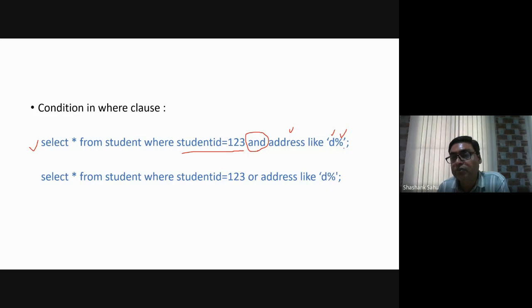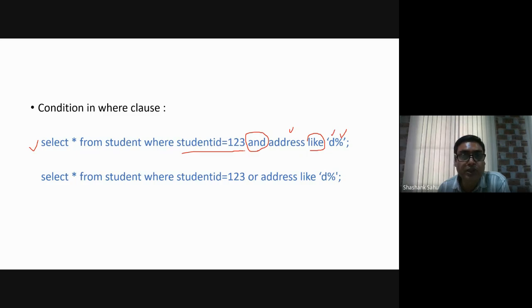It will replace more than one character. So the meaning is if the address field consists of any name starting from the character D, it will be taken care of in this result. And LIKE is the operator which indicates the sub pattern. So here a pattern is mentioned. The address should match this pattern and the student ID should be 1 to 3.